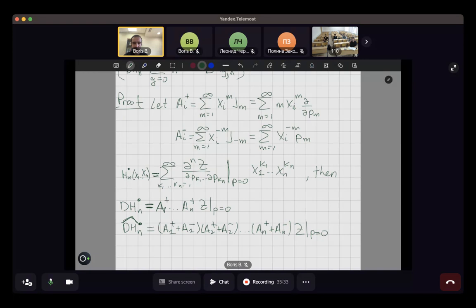I can write it as a product of two sums, over r and over k: d^{r+k} of a at y equal to 0, and here u to the power k from the exponent and u to the power r in b.